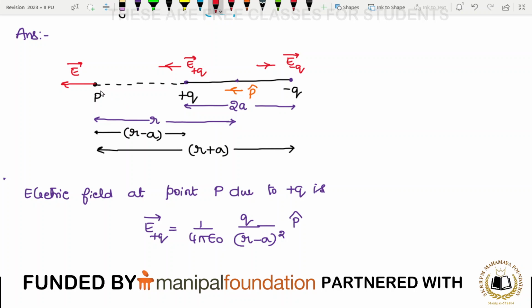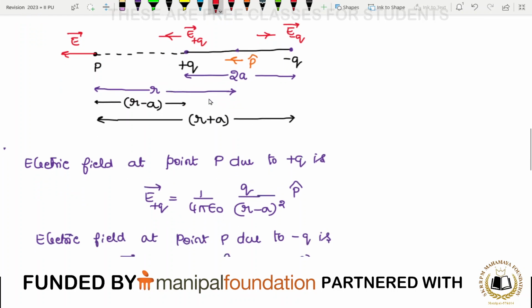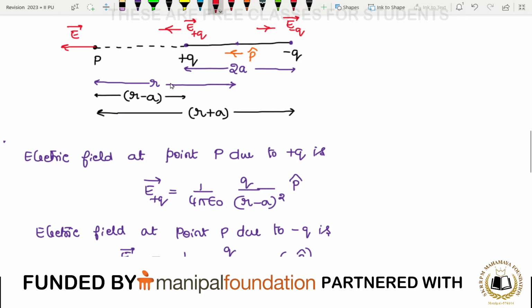So electric field at point P due to plus Q is 1 by 4 pi epsilon naught Q divided by r minus a whole square. Electric field due to positive charge and dipole moment both are same, so it becomes p cap. Next, electric field at P due to negative charge is 1 by 4 pi epsilon naught Q divided by distance r plus a whole square.